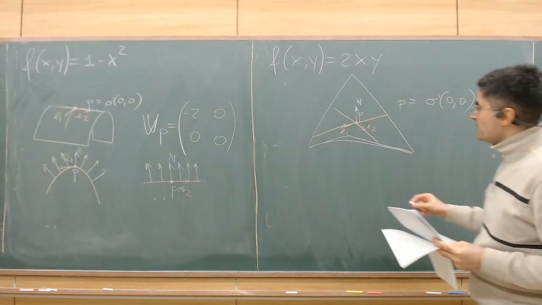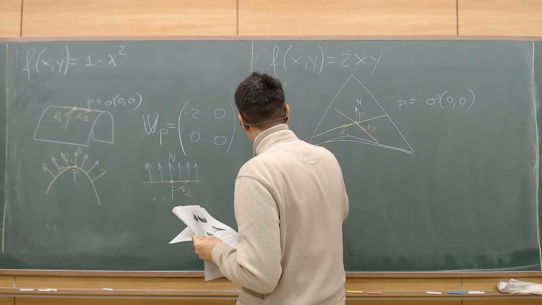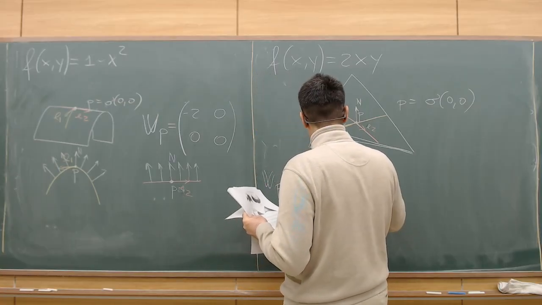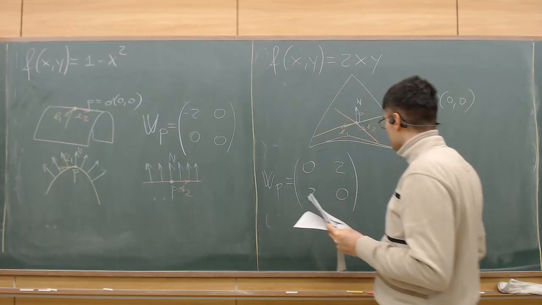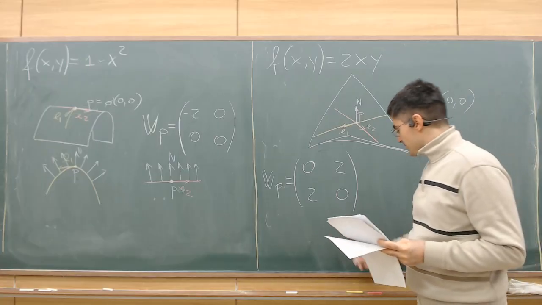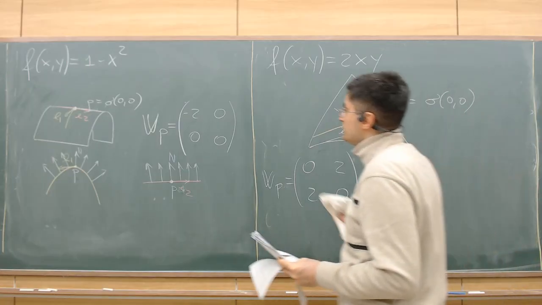The corresponding matrix for W_P is [0, 2; 2, 0]. This time we don't get a diagonal matrix, and the reason is the following.